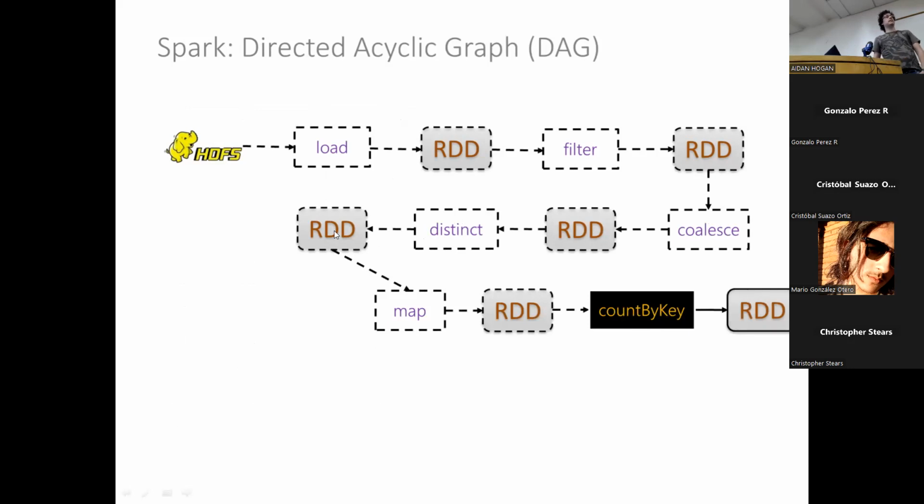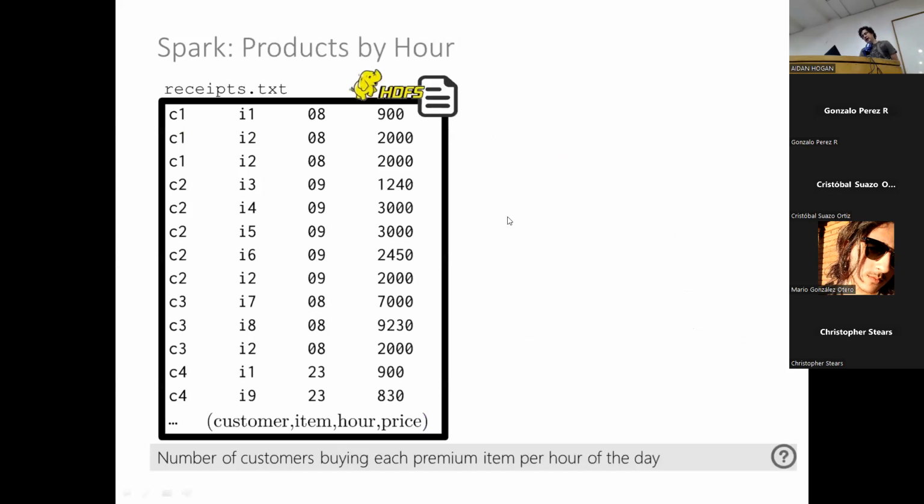Then apply distinct to produce another RDD, to map to produce another RDD, to transform each line into another line, and then apply an action count by key to produce a final RDD. Here, this RDD is materialized, and these are only references to RDDs. They're not actually materialized at any point. So this is one RDD.